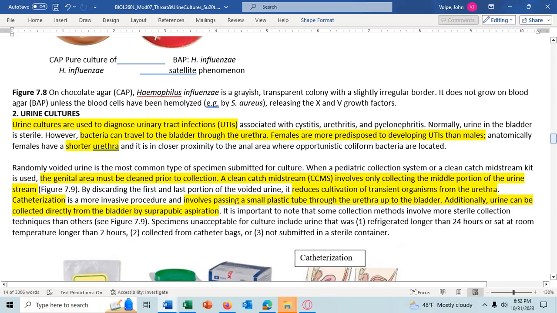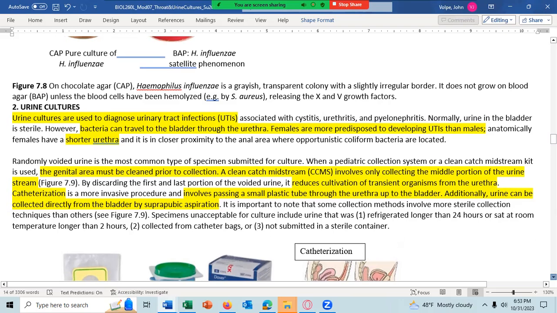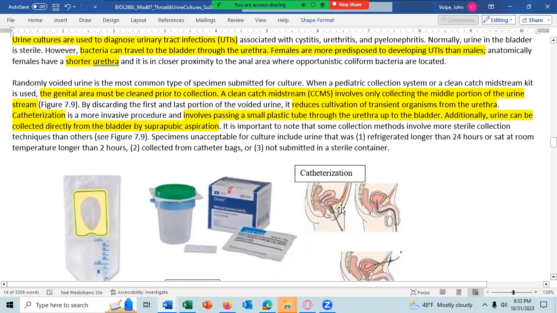The genital area is usually cleaned prior to collection of a urine culture, and then the patient begins voiding, and then they catch urine midstream. So not at the start of urination and not at the end, in the midstream.